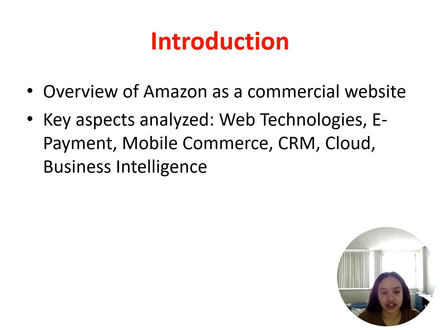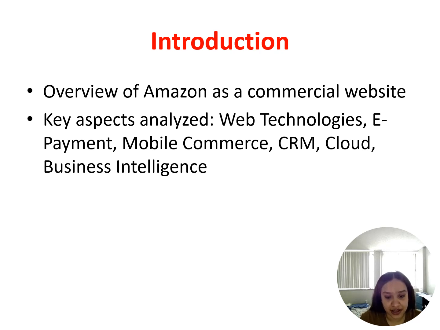When we speak about the introduction, I want to give a complete overview of how Amazon is a commercial website. I'm going to take a few aspects for my analysis, to examine based on what factors I am saying that Amazon is a commercial website.